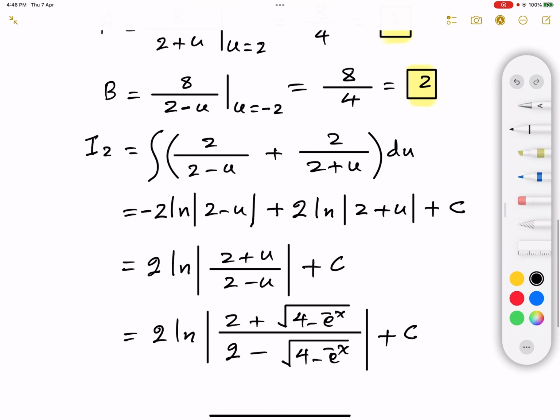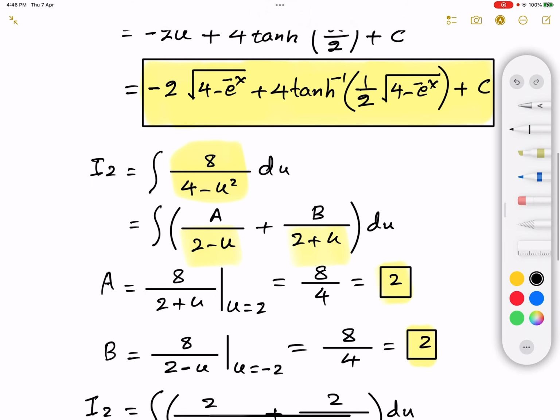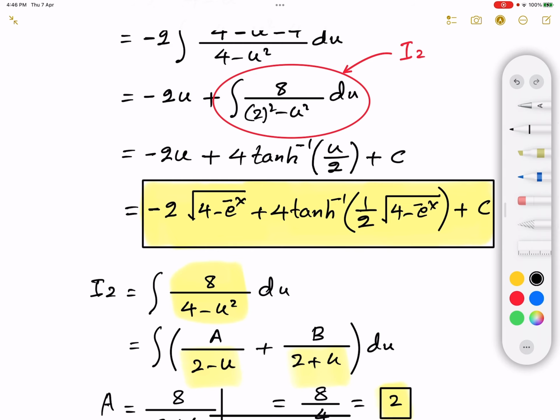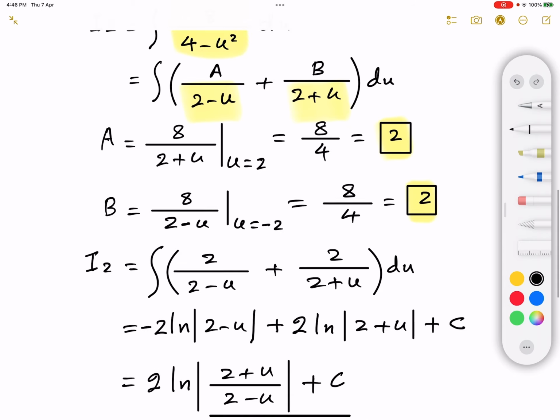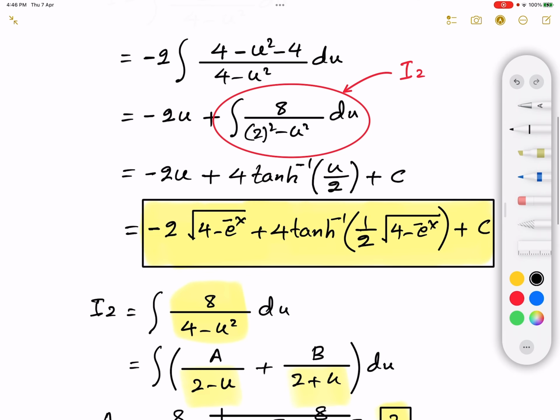Now, if we go back and add that to the original term there, we're going to get exactly the same result. If we compare this result with the result that we got here in the yellow box, they are basically exactly the same. Why?